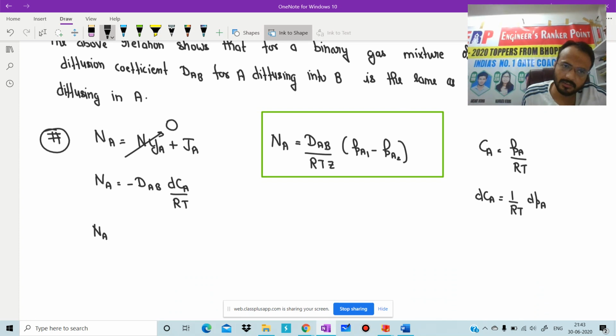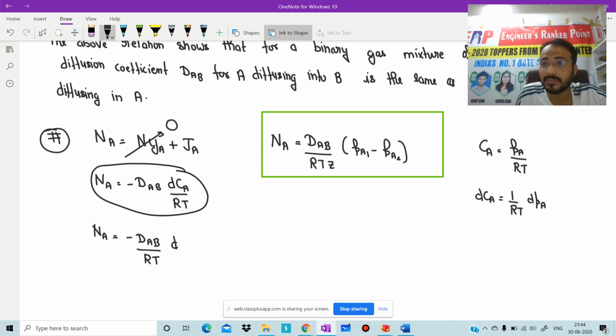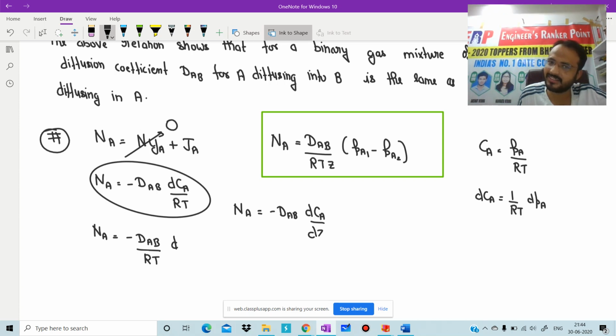NA is equal to minus of DAB by RT into... here in this step I made some mistake. Did any one of you notice? No, sir. It's your work because you are teaching. NA is equal to minus of DAB dCA by dz. So in my class, please wake up, not sleeping.